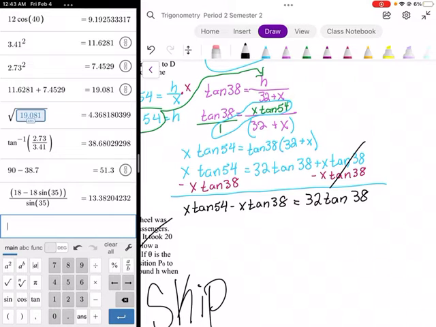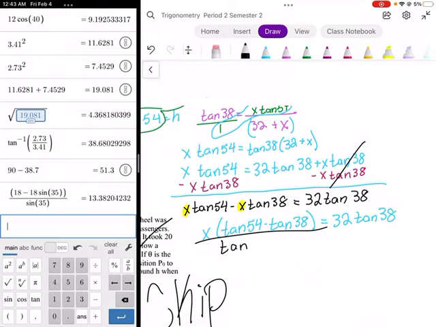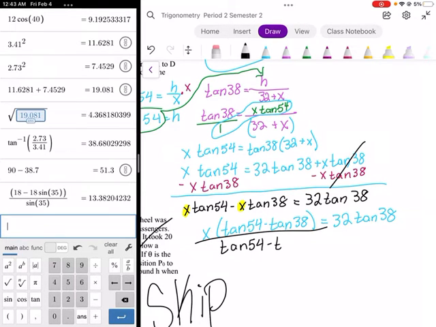Now, if you look at the left side of our equation, you'll notice both of our terms have an x, which is a common factor. So we can go ahead and just factor that out, and then we'll have tangent of 54 minus tangent of 38 in the parentheses. Then we'll just have to get x by itself by dividing by the tangent of 54 minus the tangent of 38.